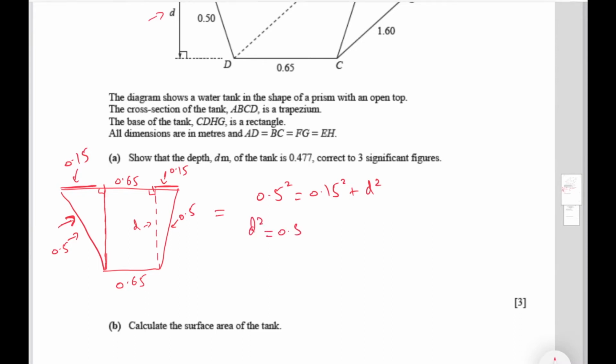This equals 0.5 squared minus 0.15 squared. Let's open this up. 0.5 squared minus 0.15 squared gives me 0.2275. If I find the square root of this, D comes out to be 0.477. Hence we're done with the first part.